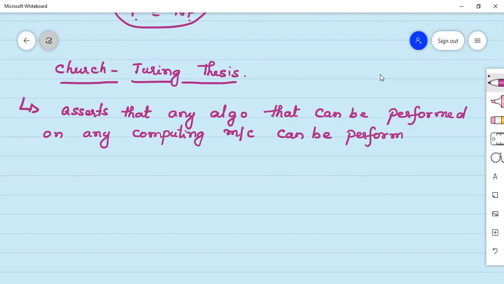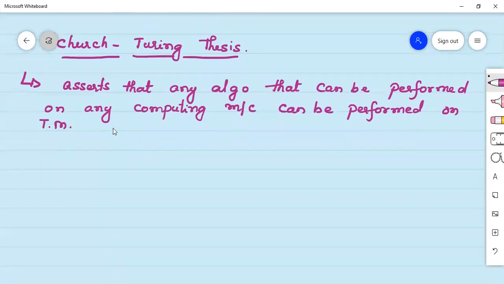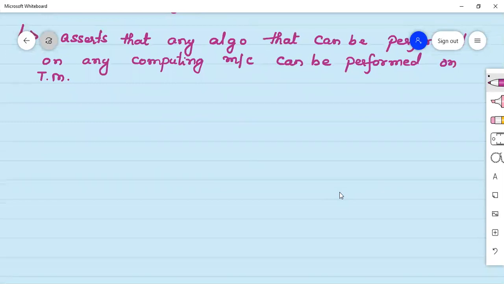If there is an algorithm that can be implemented in a computer, that means we can come out with a method to solve the same problem using the Turing machine.